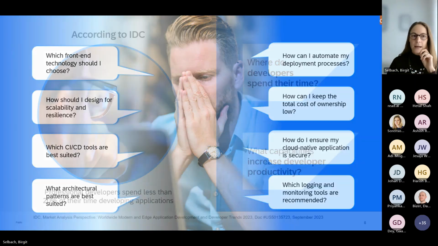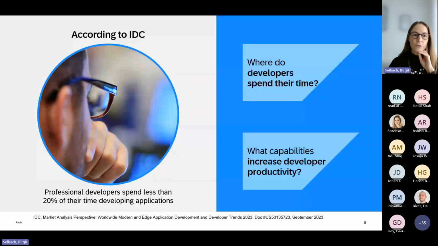And IDC did some research on that topic, and they found that professional developers usually spend less than 20% of their time in really developing applications. So the question comes up, where do developers spend their time then, and what can we do to increase developer productivity?